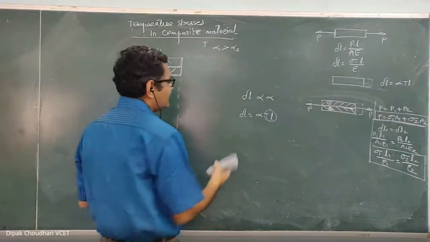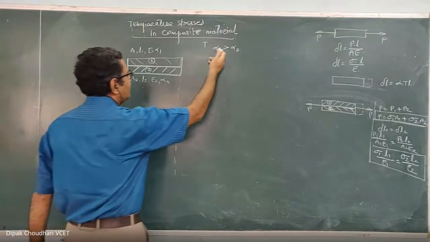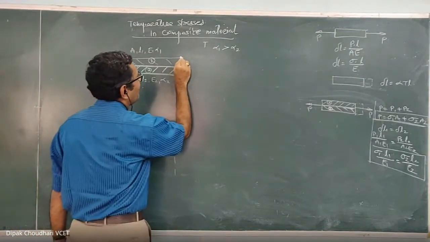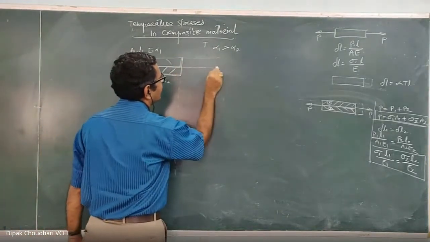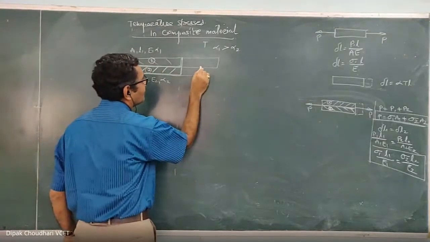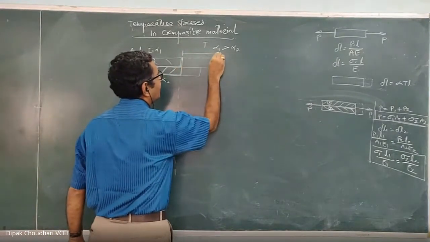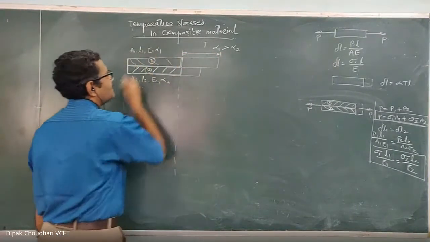Hence, if these two materials are free to elongate, and if alpha 1 is greater than alpha 2, the deformation of material 1 will be greater than the deformation of material 2. Let this be the deformation of material 1 because of the change in temperature.